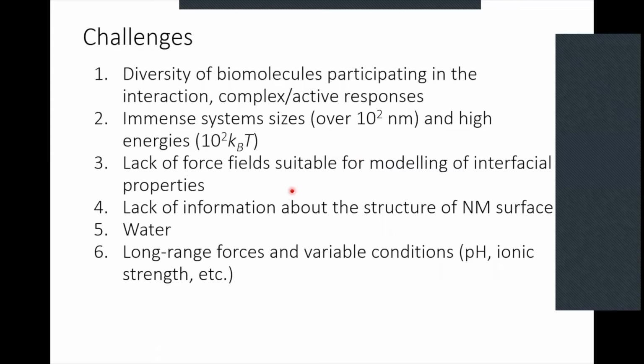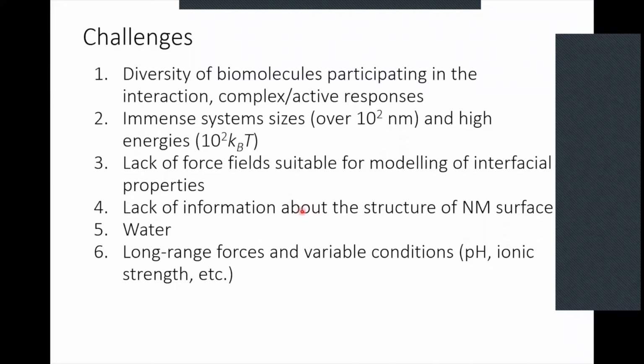You can't just take a common model for simulation of a protein and combine it with a common model of an inorganic material. They use different force fields, which cannot be put together immediately. So the lack of compatible force fields is another challenge.